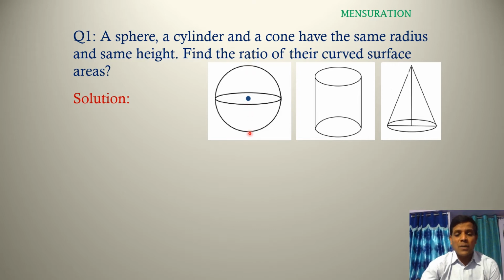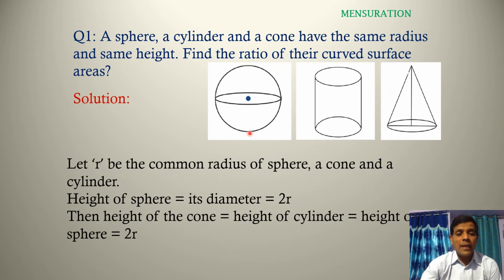Coming to the solution part, let r be the common radius of the sphere, the cone and the cylinder. Height of the sphere is equal to its diameter. Diameter equals 2 radii, so its height is 2 into radius.